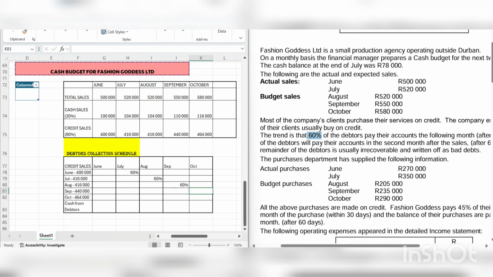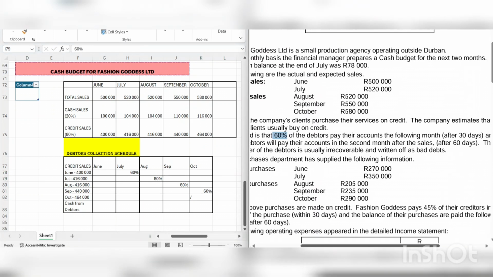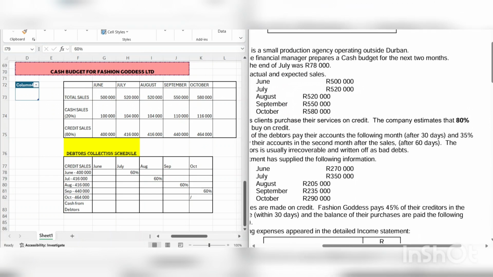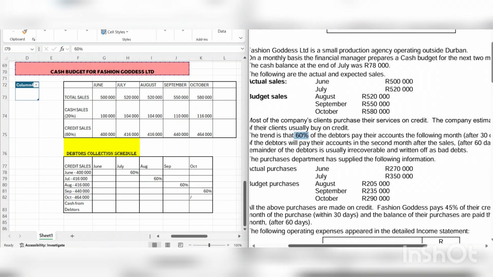If we made a sale in July, we'll collect that in August. If we made a sale in August, we'll collect it in September. And if we made a sale in September, we'll collect it in October. And then of course there's October, but we're not doing November, so you can put a dash.